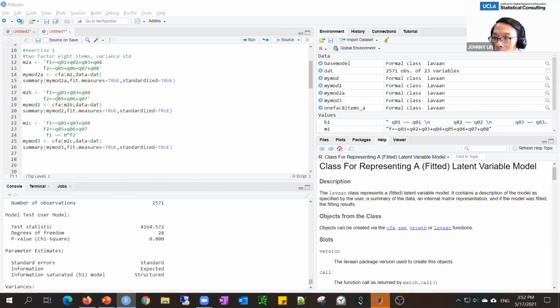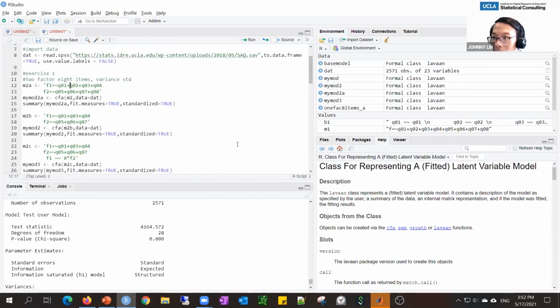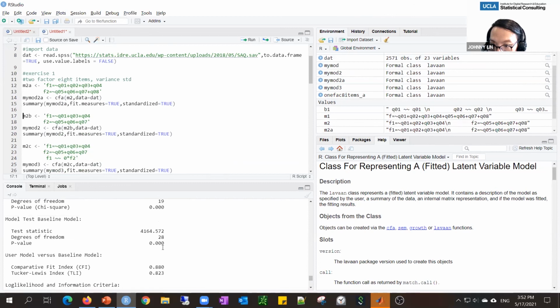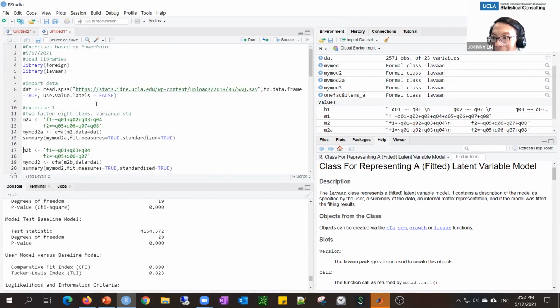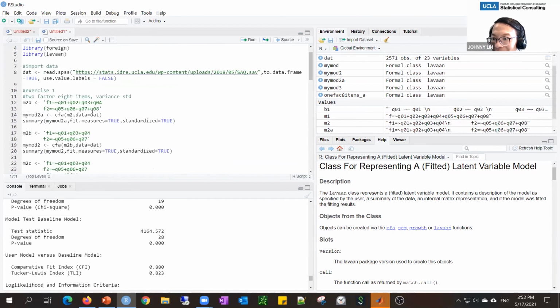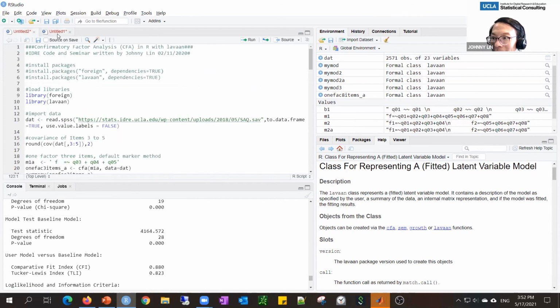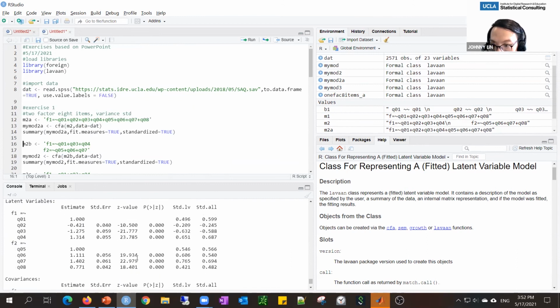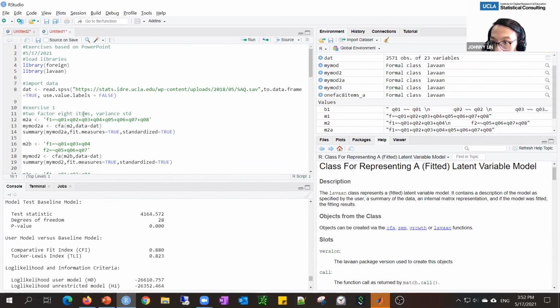That should match the first model, right? Let's see. I don't even remember what I did. It's the one where you have all 8, right? Which one? Where did I put that? Oh, I copied this wrong.